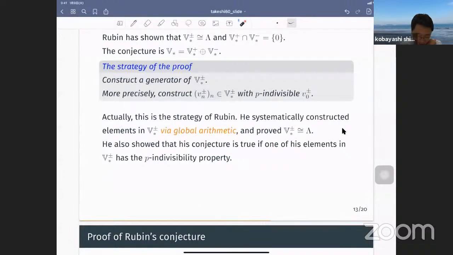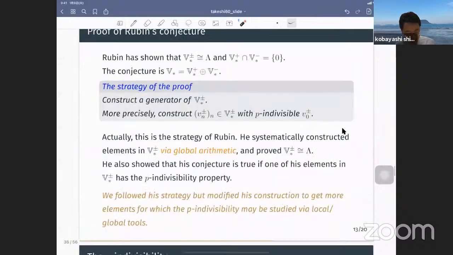And he also showed that his conjecture is true if one of the elements he constructed by global methods has the p-indivisibility property. And he numerically checked that in most cases it has the p-indivisibility property.